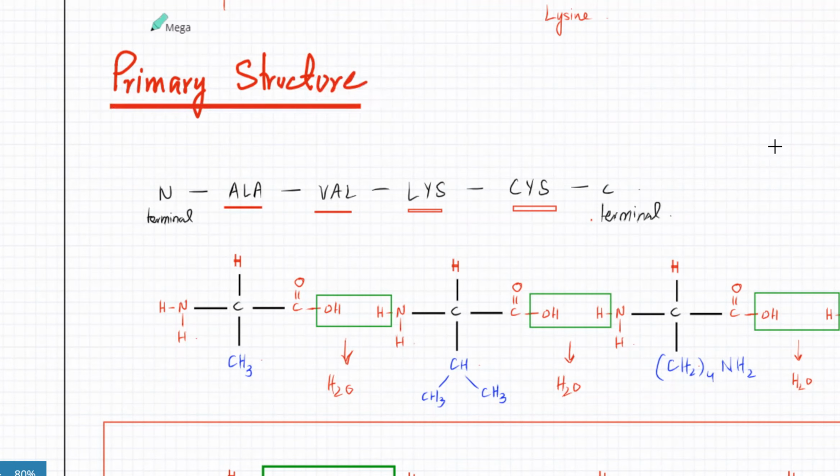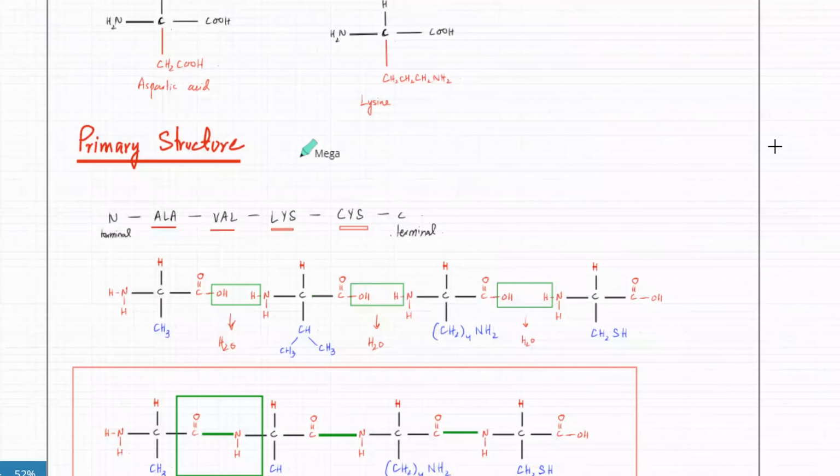So that's known as a primary structure. What information does a primary structure give? It gives you the basic idea of the arrangement of amino acids. So it provides you the order of the amino acids in the chain.